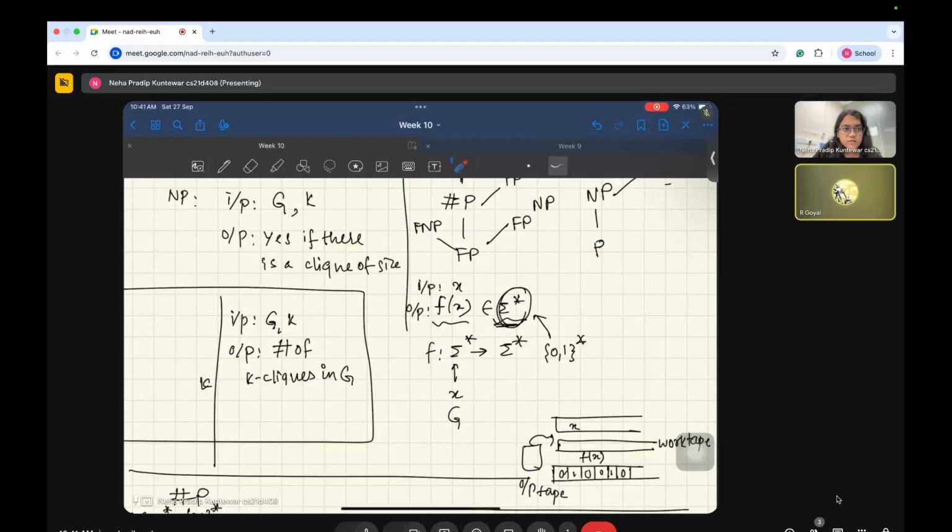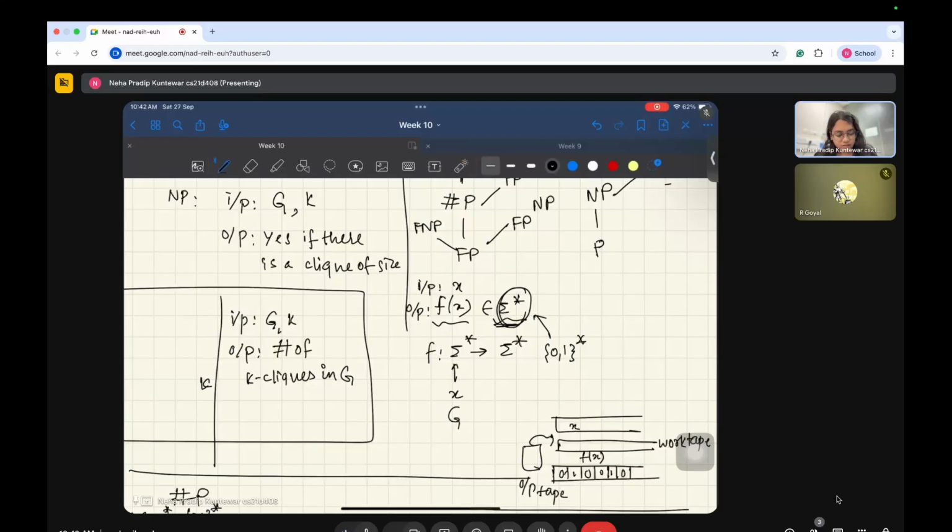But then whatever value of f of x this FNP would be writing on the tape is in fact equal to the k only, because in this example given just below, the x was getting transformed into the f of x, which used to keep the count. But there's a difference between computing a value and writing it on the tape, and having the number of accepting paths as the value.